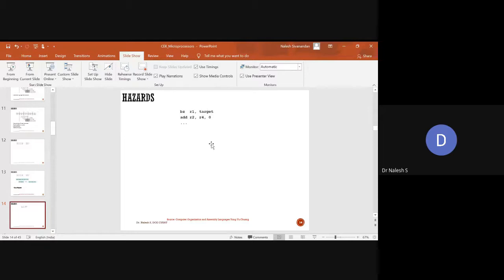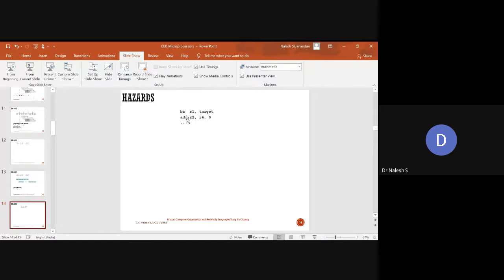Target is an address somewhere else, where if it is a branch, you have to go to target and execute from there. So you don't know. Only after the completion of the branch instruction, you will know whether to continue with that or go to the target address.